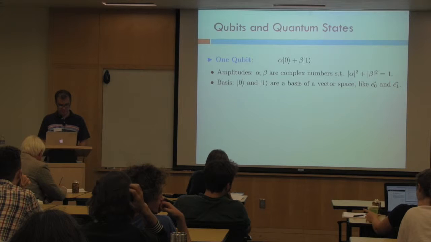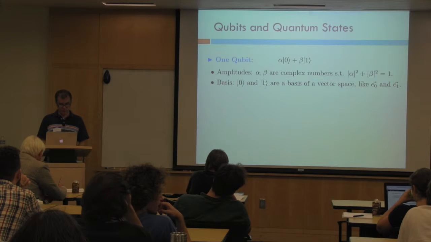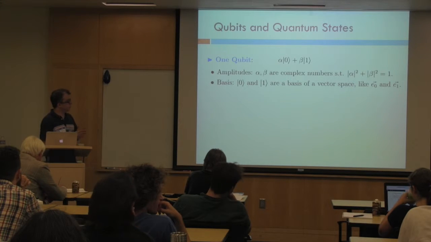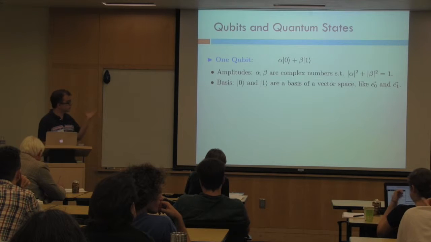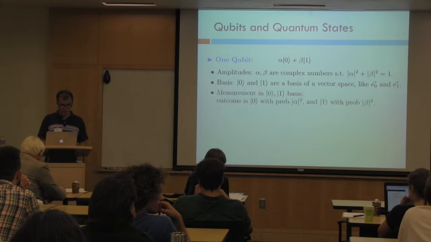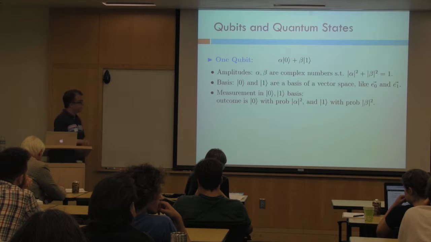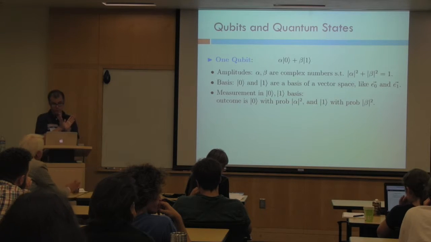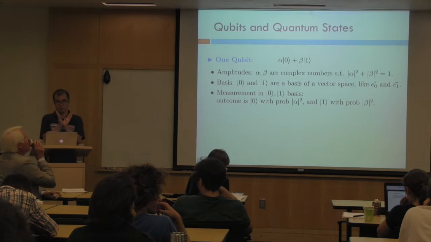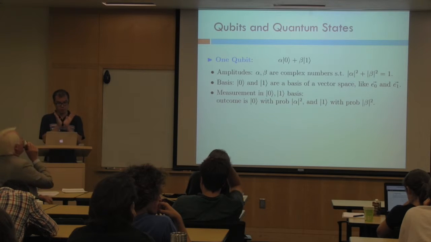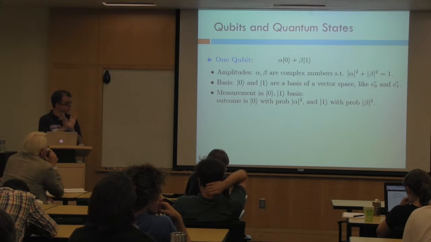You can think of this as a basis. This is what the qubit is in the 0-1 basis. It's two-dimensional. If you measure in the 0-1 basis, the qubit will collapse to either state 0 or state 1.